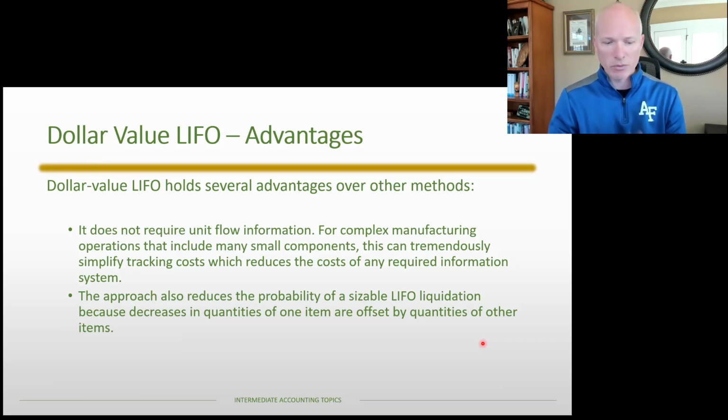There's really three main things that we've got to make sure we get done. One is lower of cost or net realizable value, lower of cost or market, and then the retail method. Those are the three main things that we need to cover, and that's where we'll be spending the majority of our time.